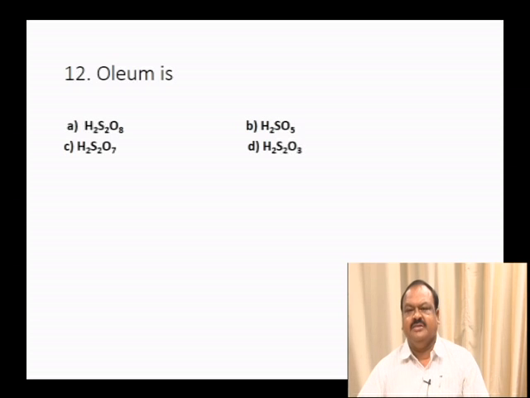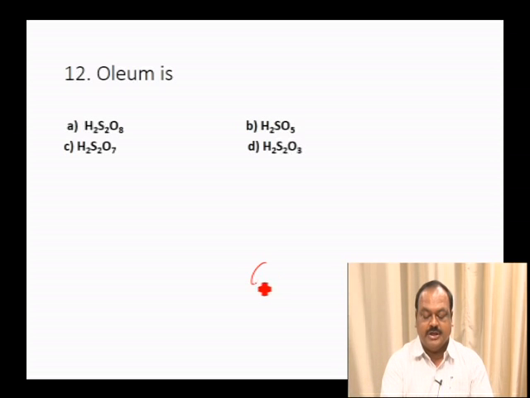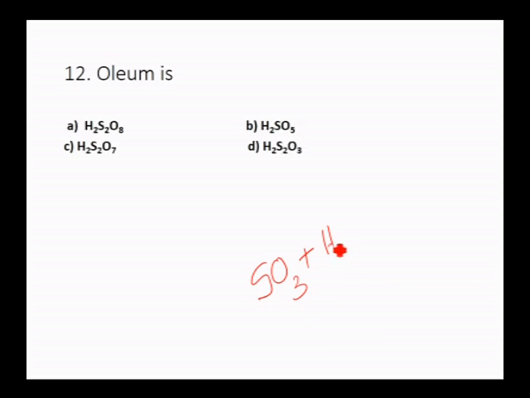As you studied in the manufacture of sulphuric acid by the contact process, sulfur trioxide gas is absorbed in 98% sulphuric acid to form an oil-like liquid called oleum, that is SO3 plus H2SO4 gives rise to H2S2O7, called oleum. So, the oleum formula is H2S2O7. So, the suitable answer is C.